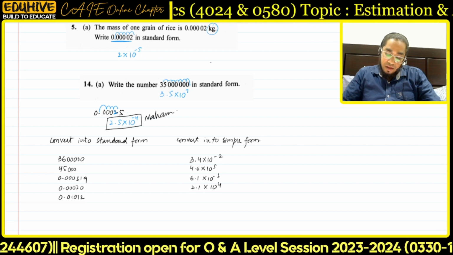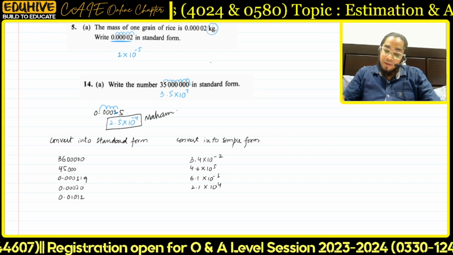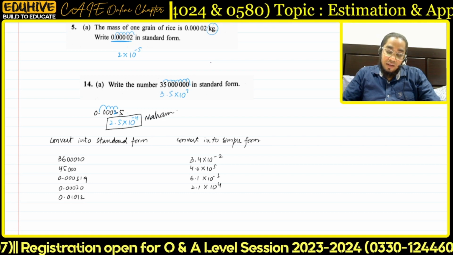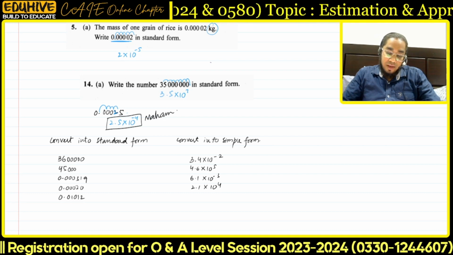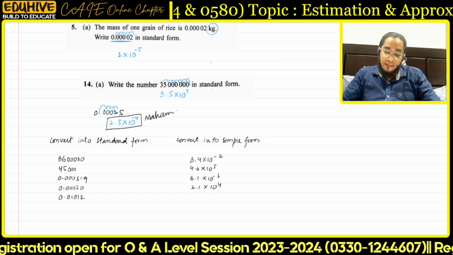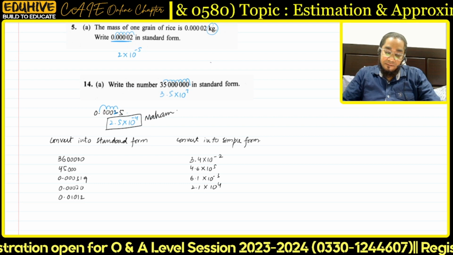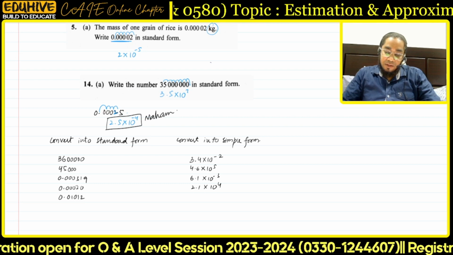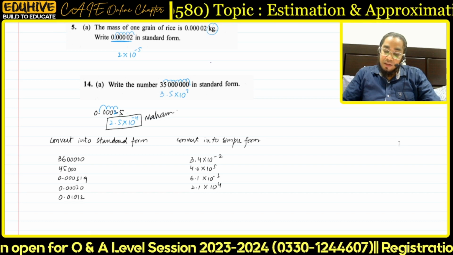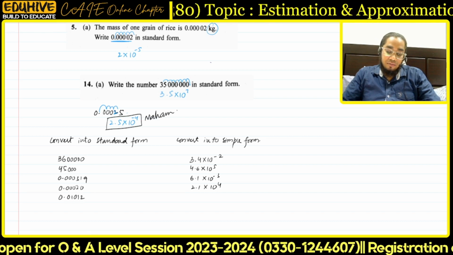Maham, let me know one thing, beta: should the decimal be after 2 in your last answer or after 1? No, beta, it shouldn't be like this. The last answer is totally not correct.